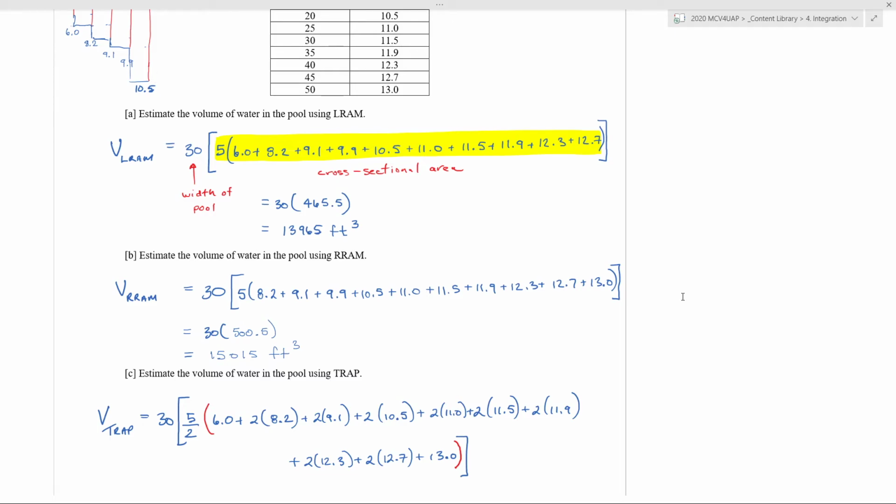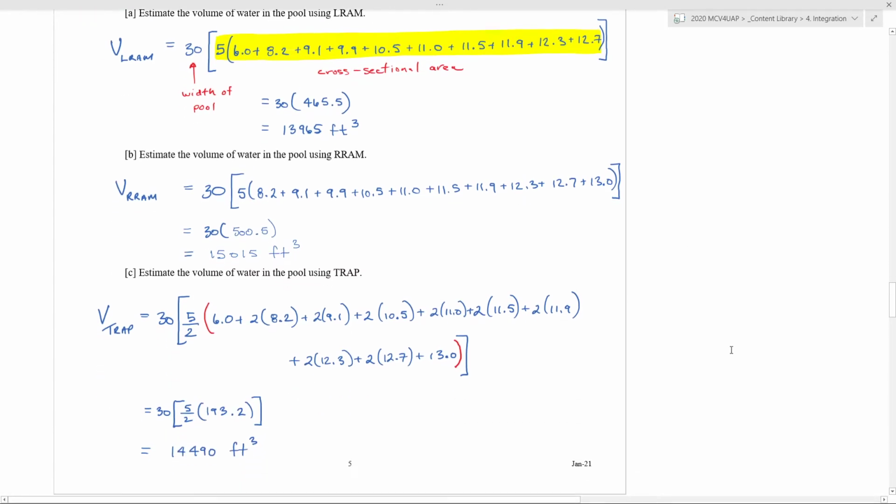And then multiply by the width of the pool, which is 30. And we get 14,490. So I'll let you stare at that for a minute. Are there any questions?